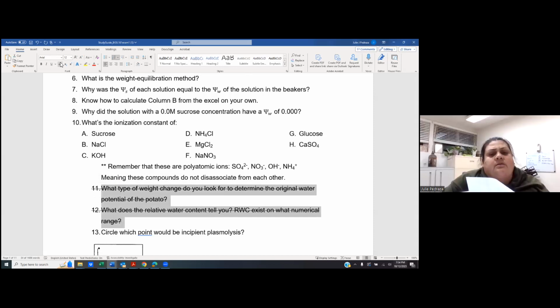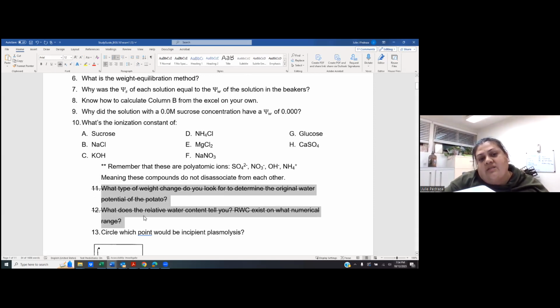That question is basically saying, if you know what relative water content is, then you know what relative water deficit is, because you subtract it from 100.